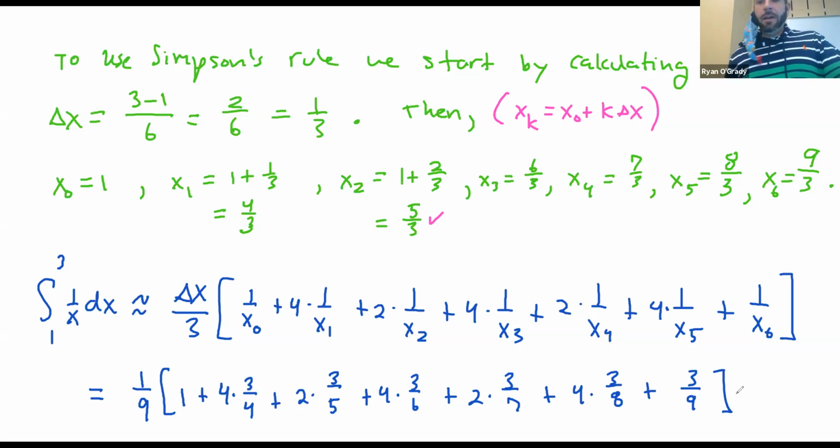If you wanted to be a full math nerd, you could write this out as a decimal, which is 2077 over 1890, barring that we didn't make any errors.